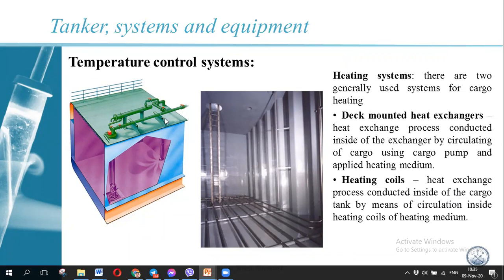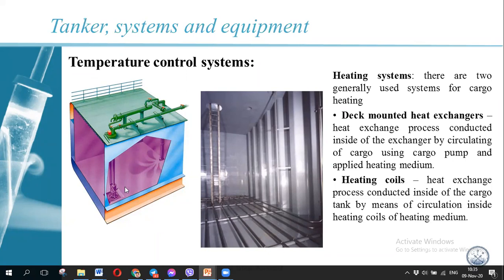But another way is deck mounted heaters, yeah, here. We can see how it works. The pump is started. The cargo is going, but not to the manifold, no. The cargo is going in this way to the cargo heater, heating up here and going back to the tank, you see.